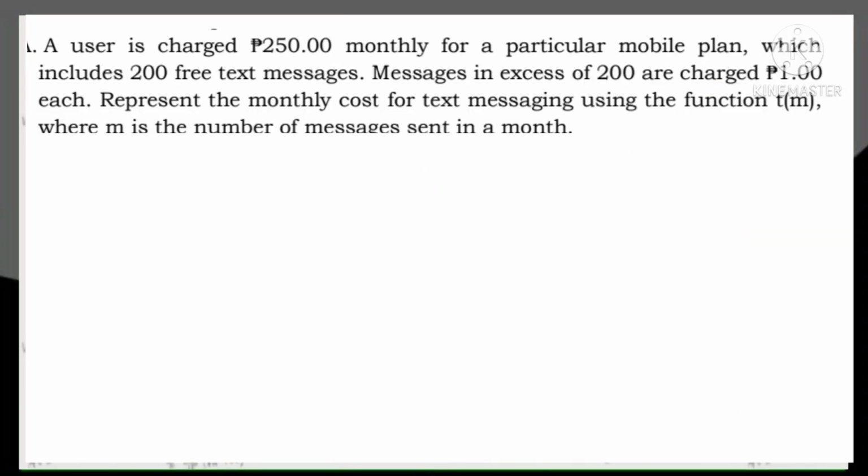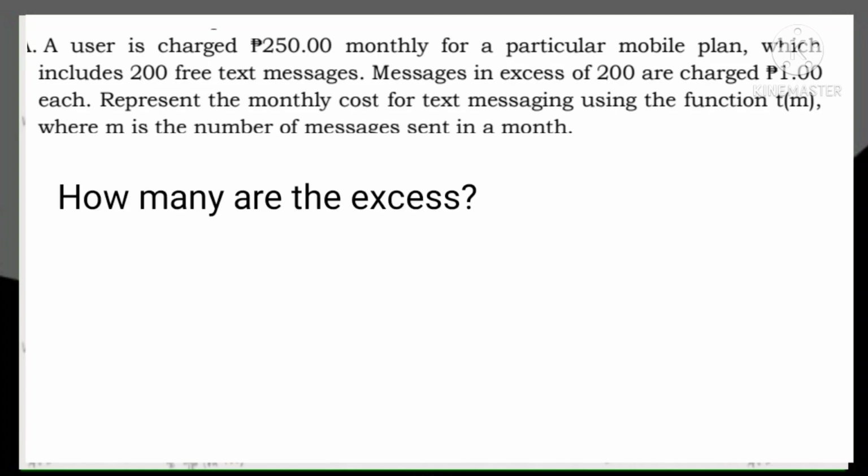Messages in excess of 200 are charged 1 peso each. So for you to determine the charge of the excess, you should first know how many are the excess. So how will you determine the number of the excess? You need to subtract 200 from the number of text messages.